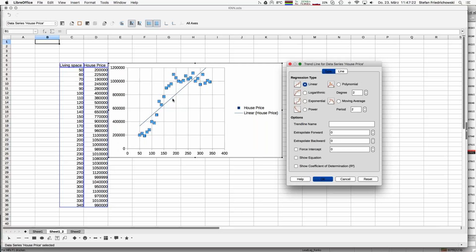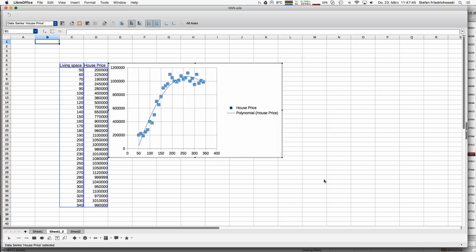That it's not a good idea to use that kind of trend line or linear relationship between, in this case, prices of the house and the living space. In this case, in just doing Excel, I might go for a polynomial degree 2, just for example. And then it would look like this one here.